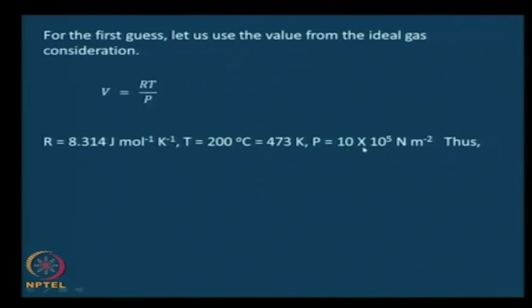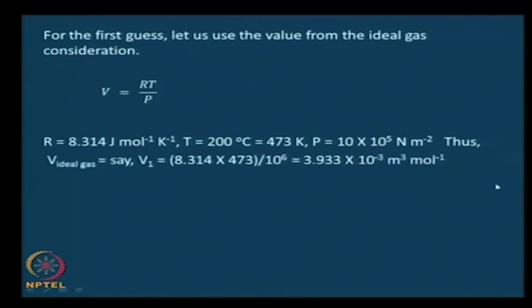We need it in a consistent set of units, therefore we multiply it by 10 power 5 Newton per meter squared, and if we substitute RT by P here, the numbers for that, we get the ideal gas, let us say V1 in terms of our iterative solution as 3.933 into 10 power minus 3, 8.314 into 473 divided by 10 power 6. So, 3.933 into 10 power minus 3 meter cubed per mole. Hopefully, you got this if you knew where to look for.